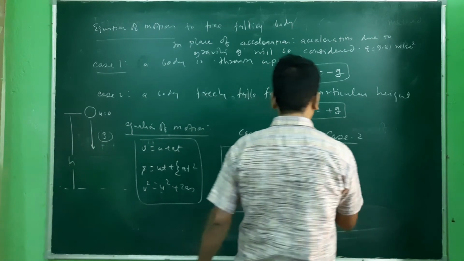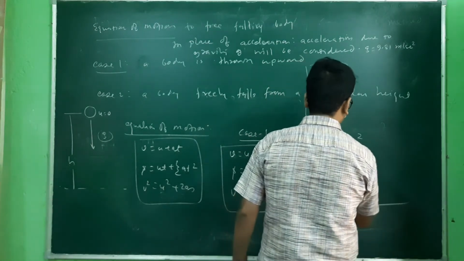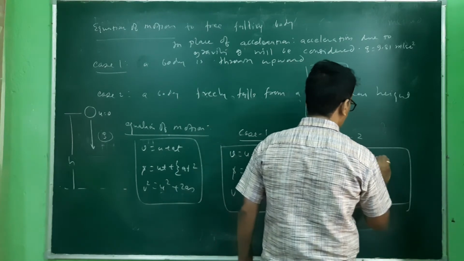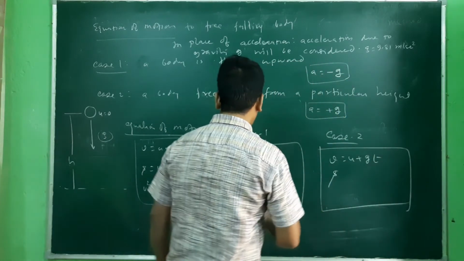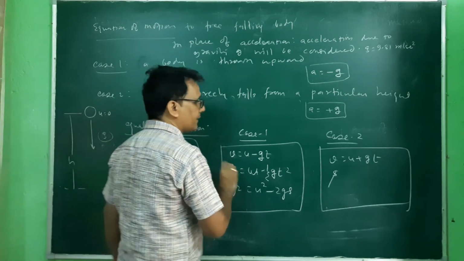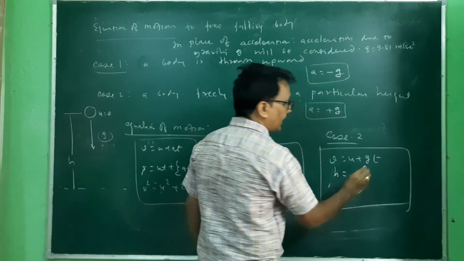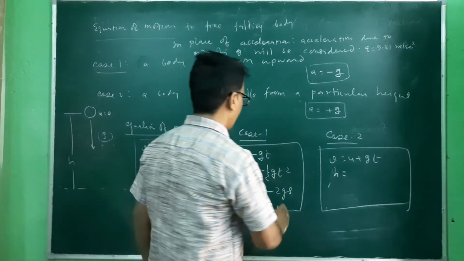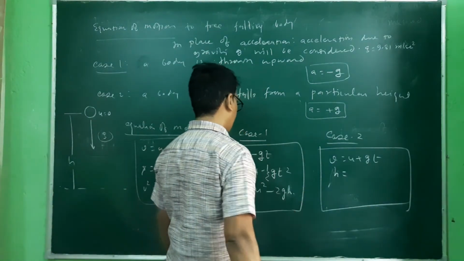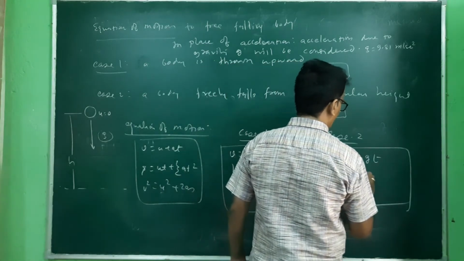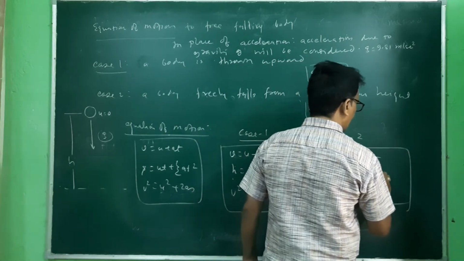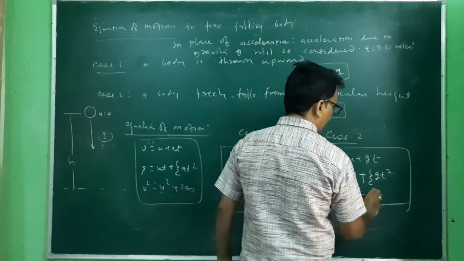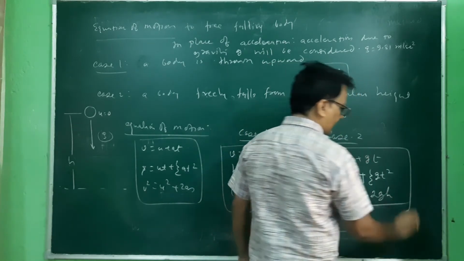And if we put plus g here, then we have these equations: v is equivalent to u plus gt, and in place of s we should write h, because height is taken as displacement. So h is equivalent to ut plus half gt square, and v square is equivalent to u square plus 2gh.